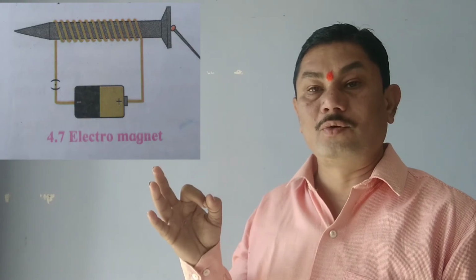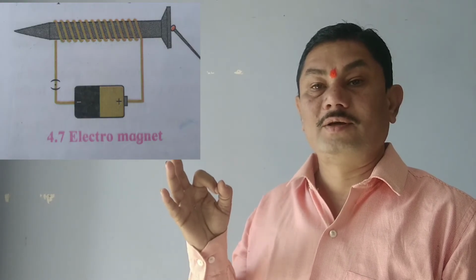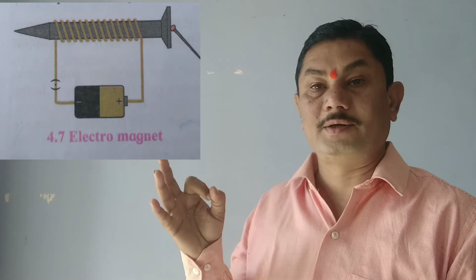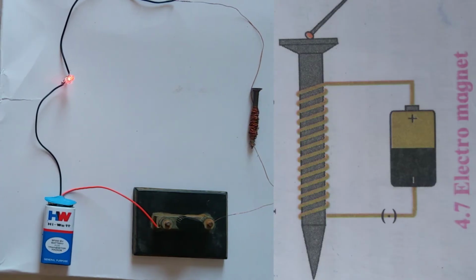Magnetism disappears. An electromagnet requires continuous supply of current through the electromagnet to maintain the magnetic field. This system of copper coil and iron screw is called an electromagnet. Let's see an activity.